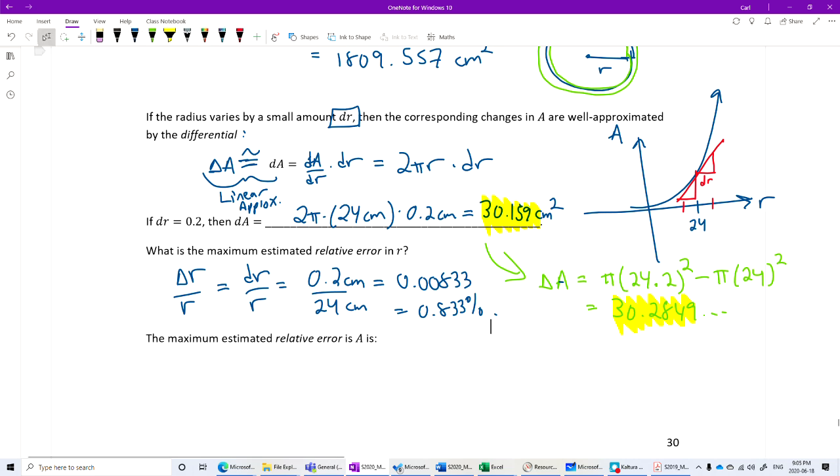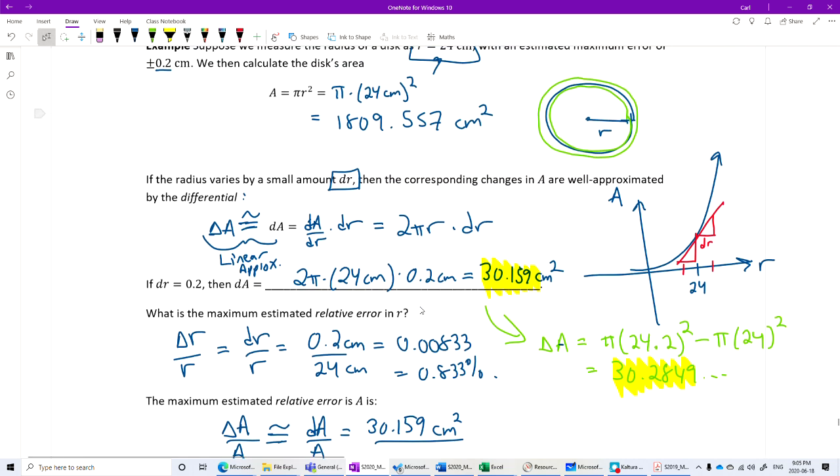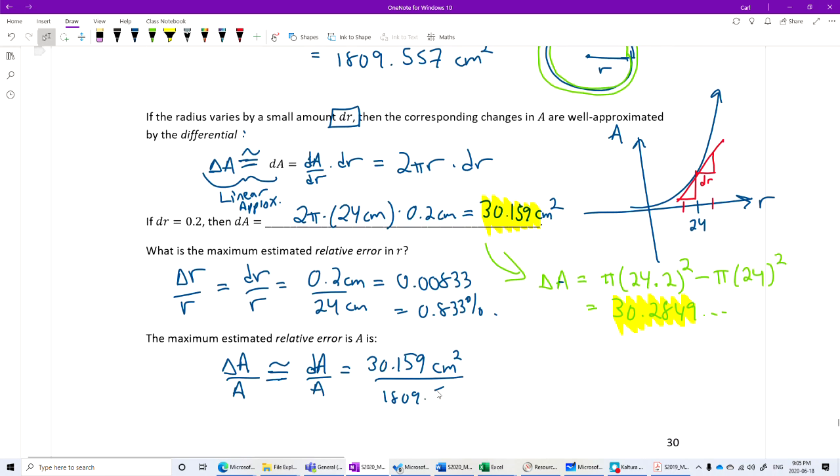This is where things get really valuable. What is the maximum estimated relative error in A? It should be delta A over A, but we do just fine approximating that by dA over A, which is 30.159 centimeters squared over A, which was 1809.557.